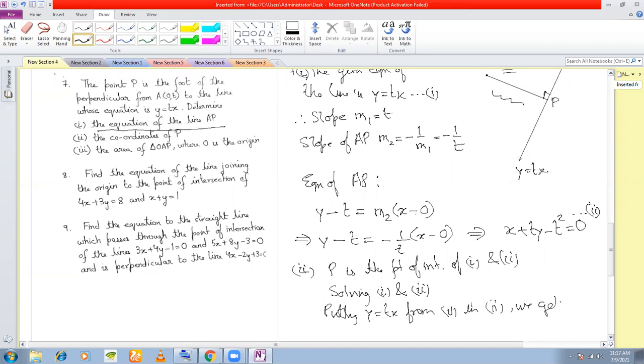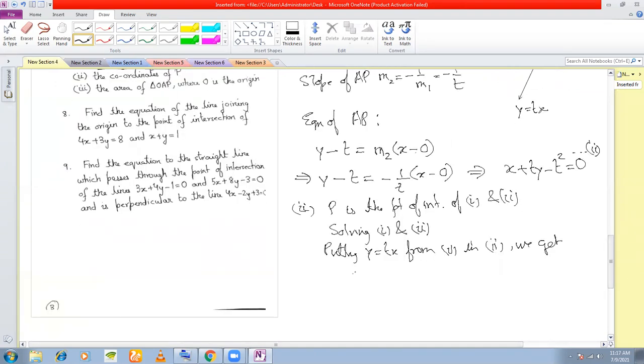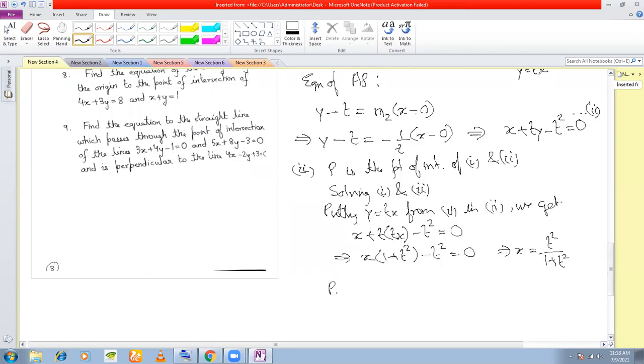We get x plus t into tx minus t square is equal to 0. That means you get x into 1 plus t square minus t square is equal to 0. That means x is equal to t square by 1 plus t square. This is the x coordinate. How do you get the y coordinate?